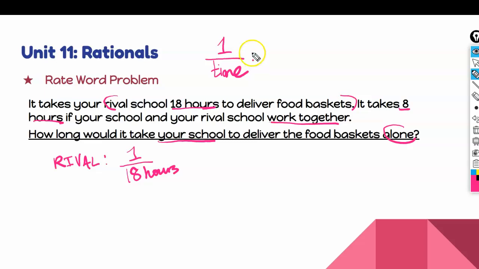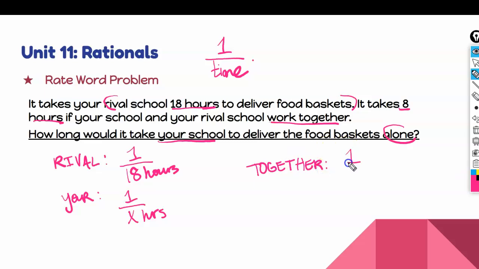Then your school, you don't know how long it takes your school yet. You're trying to figure that out. So if you don't know something, you use X to represent that. And then together, they did tell us how long it takes together.